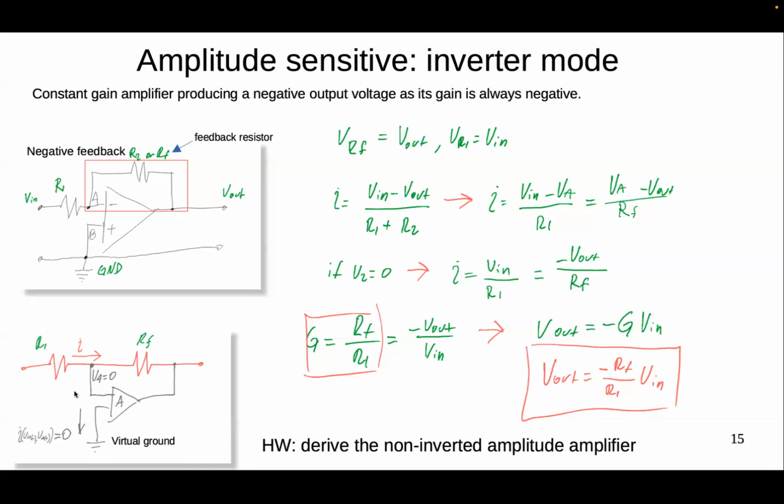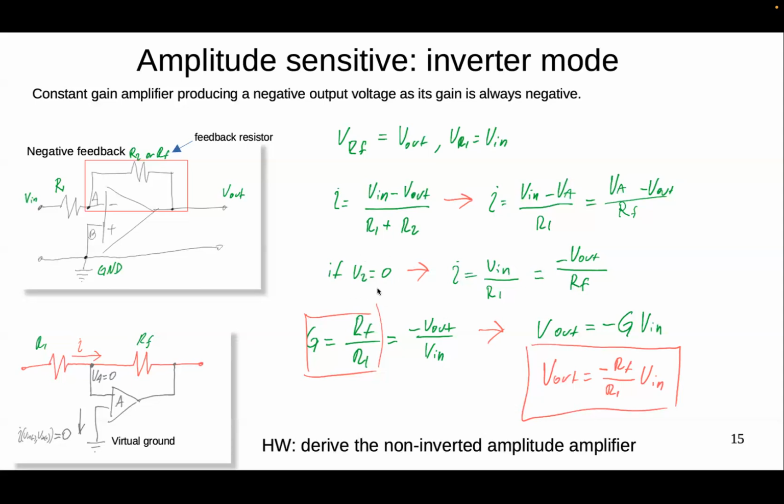I don't remember how it's called in English, but this current is flowing from here to here. So we have that the voltage in the input minus the voltage in the node A is 0, divided by R. That should also be the current, and similarly for this part of the circuit.